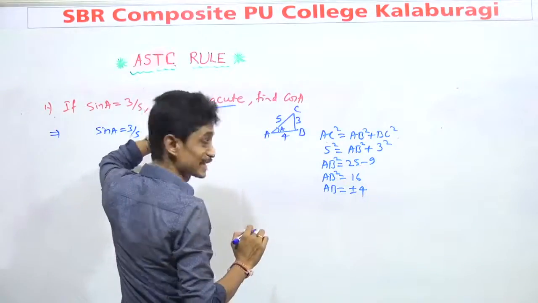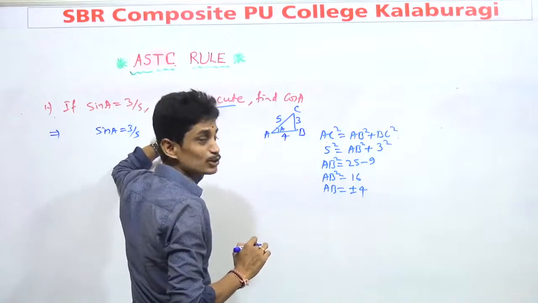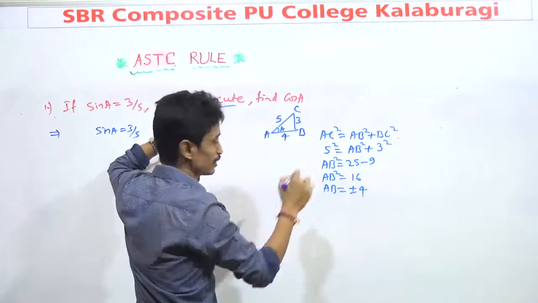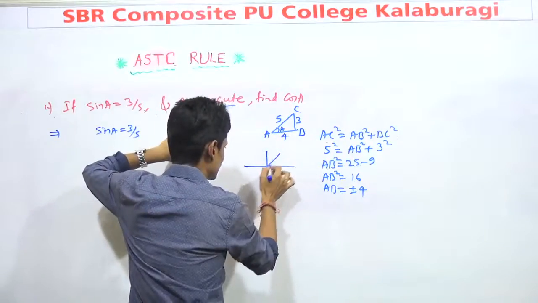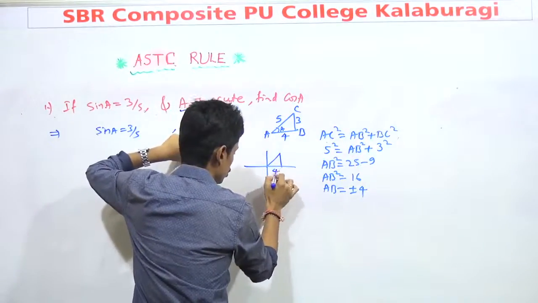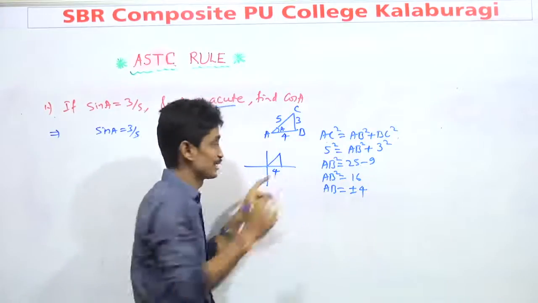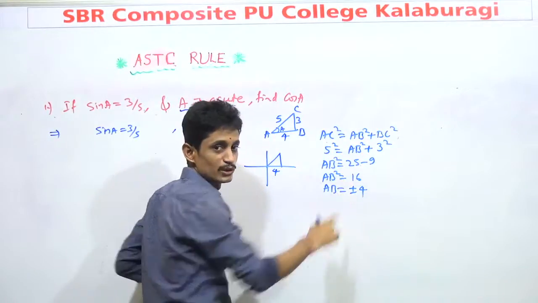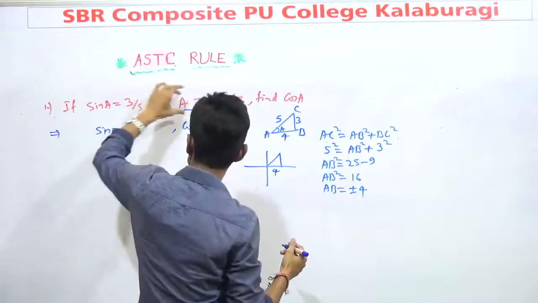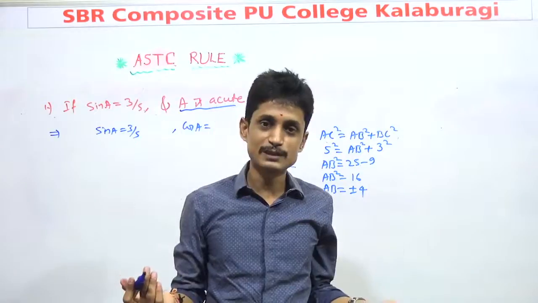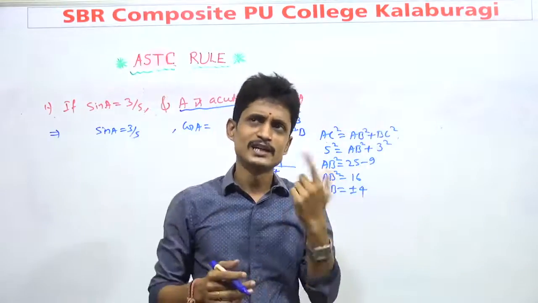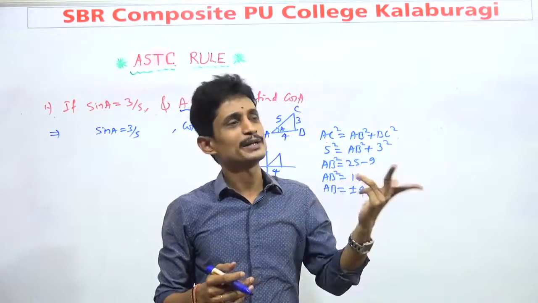A is acute, it means it lies in the first quadrant. This is the base. Base means they have to mention only a positive quantity instead of a negative quantity. In case they did not define A as acute or obtuse or whatever, then in our assumption it may be positive or it may be negative.